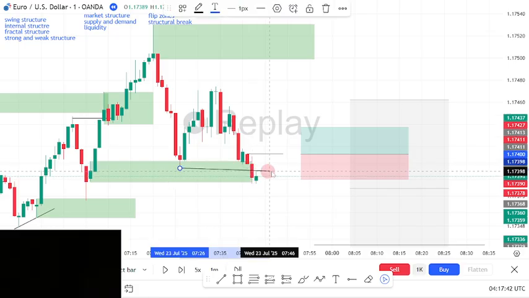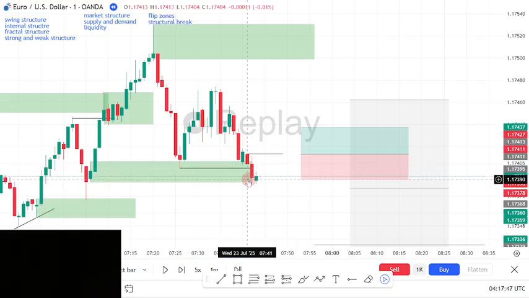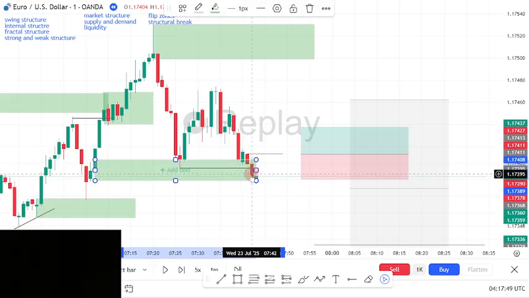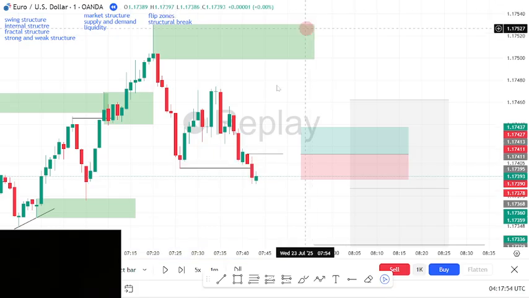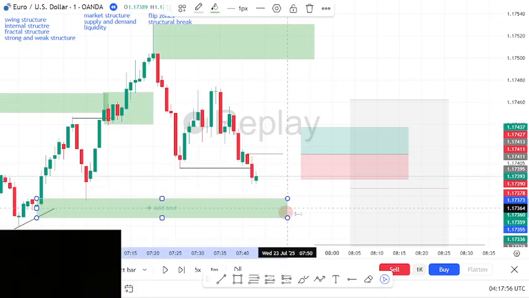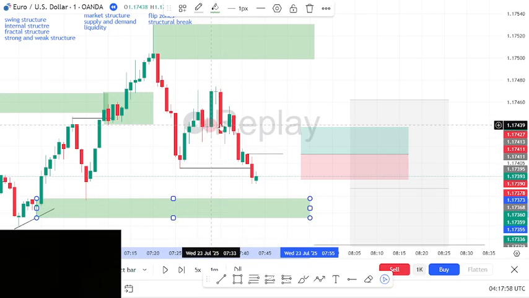Now this one is also, this one has been swept. Alright, the demand has started to fail, and then price is continuing the move.